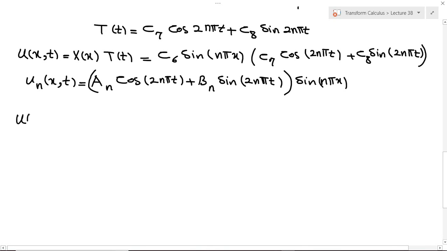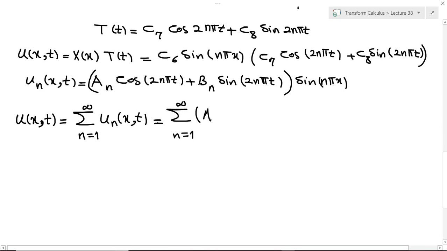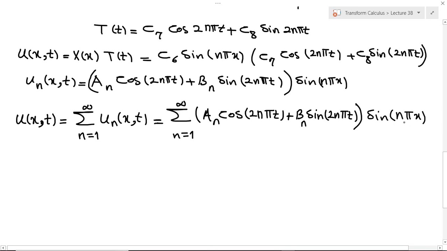So we say u of x and t is equal to summation of u_n, n from 1 to infinity, and it's equal to summation of a_n cosine 2n pi t plus b_n sine 2n pi t, and it's times sine n pi x.